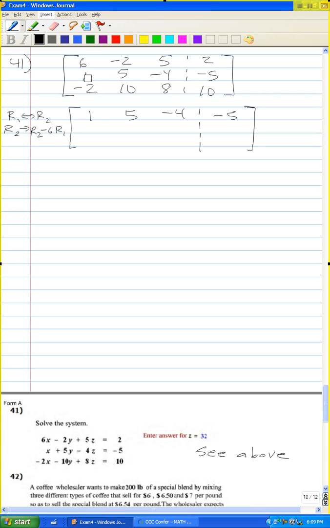Okay, so 6 minus 6 is 0. -2 minus 30 is -32. 5 plus 24 is 29. -12 minus 5. Oh, I did the wrong way. Stupid. 1 second. 30 plus 2 is 32.